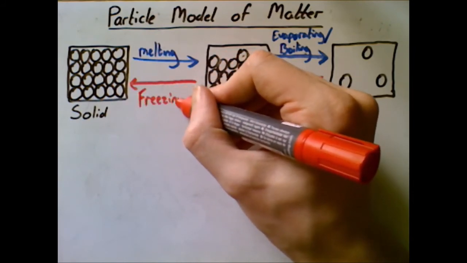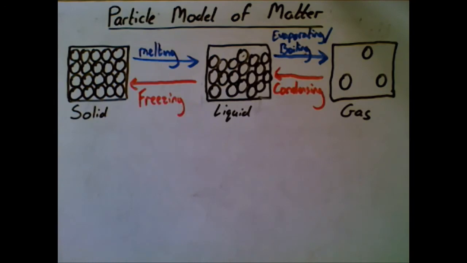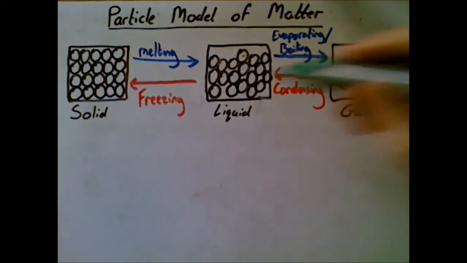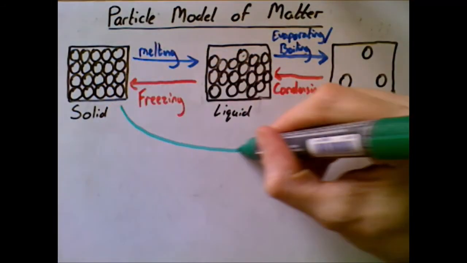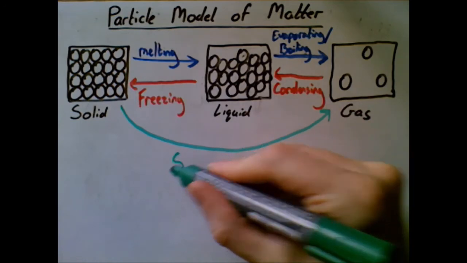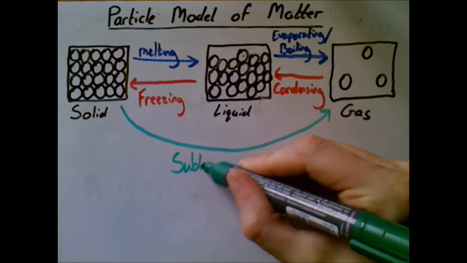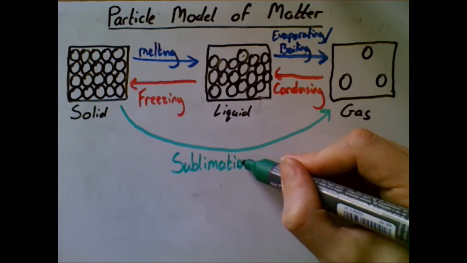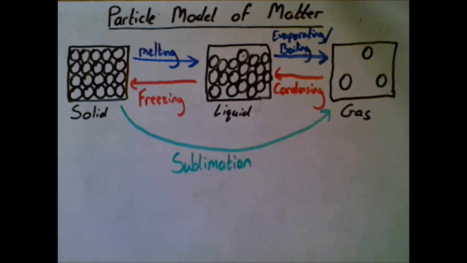Now there are actually a few materials, for example iodine is one, carbon dioxide is another, where a solid, if you heat it up, doesn't actually even become a liquid at all. It ends up going straight to a gas. That would be called sublimation, or it's subliming as it goes from solid into a gas.